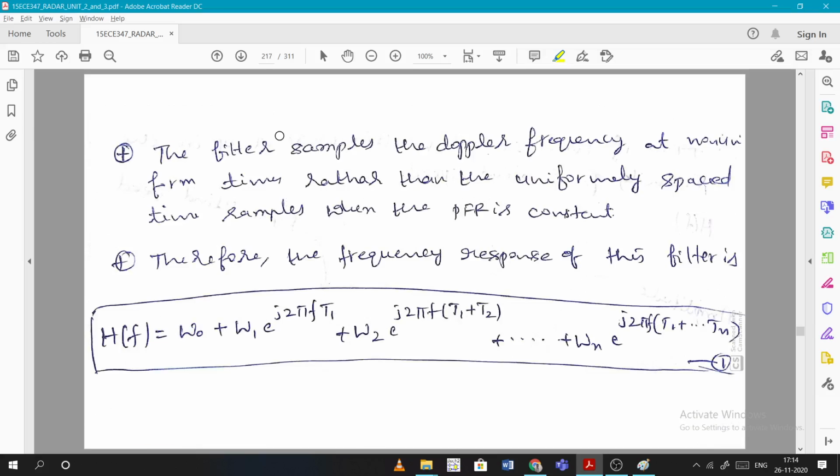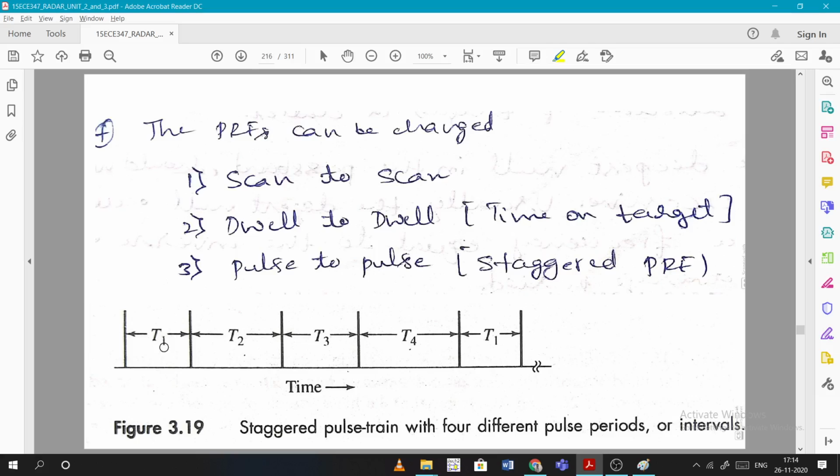The filter samples the Doppler frequency at non-uniform times rather than uniformly spaced time samples, as when the PRF is constant. You can see it is non-uniform.